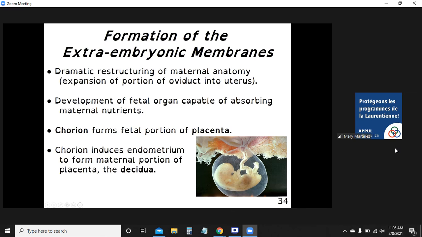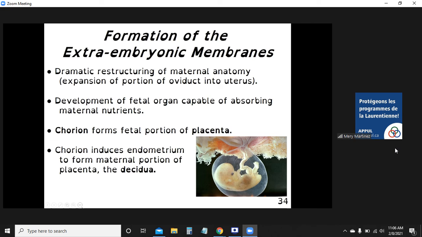And we say that that structure was the chorion. So the chorion derives primarily from cells from the trophoblast, that's what we said, and the chorion forms the fetal portion of the placenta.